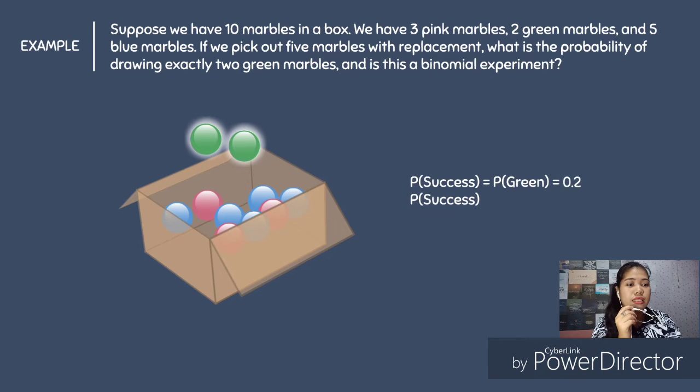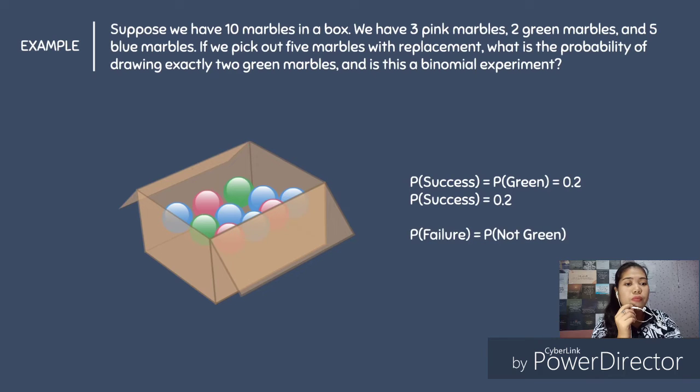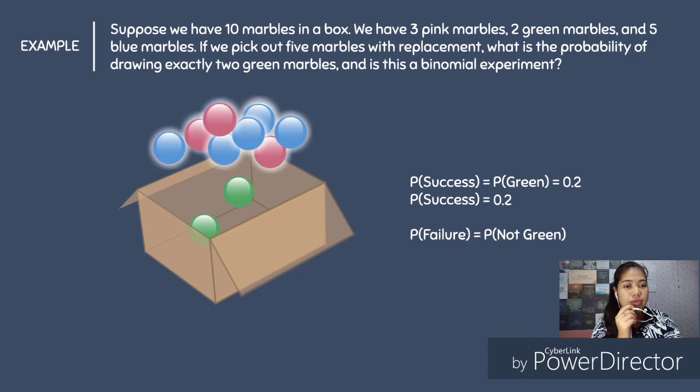Therefore, the probability of a success is equal to 0.2. The probability of a failure is equal to the probability of not drawing a green marble. There are 10 marbles in the box and 8 of them are not green. So the probability of not drawing a green marble is just 8 over 10 or 0.8. Therefore, the probability of a failure is equal to 0.8.